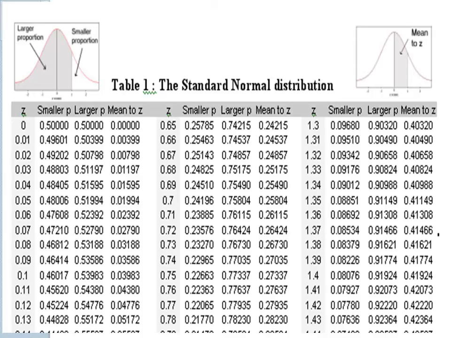Notice that if you took the value in the mean to z column, for example, for a z-score of 0.7, that mean to z proportion is 0.25804. And if I added 0.5, because that is the area that falls on the other side of the mean, I will then get the larger portion.